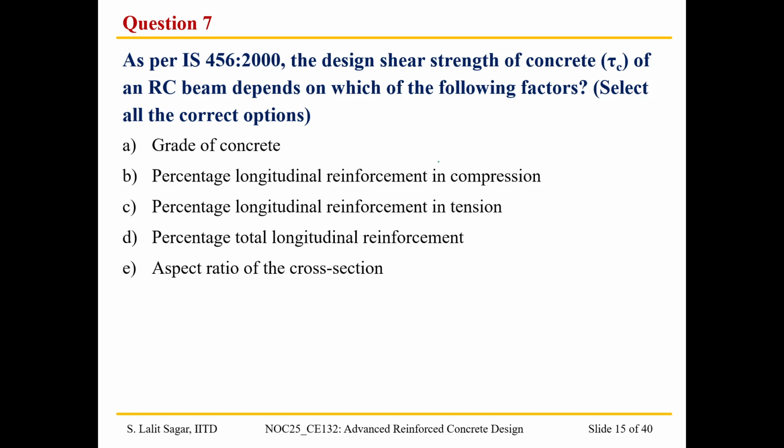Which of the following factors are considered to determine the value of tau c, that is shear strength of the concrete? To give you a hint, there are two correct factors out of the five options given.